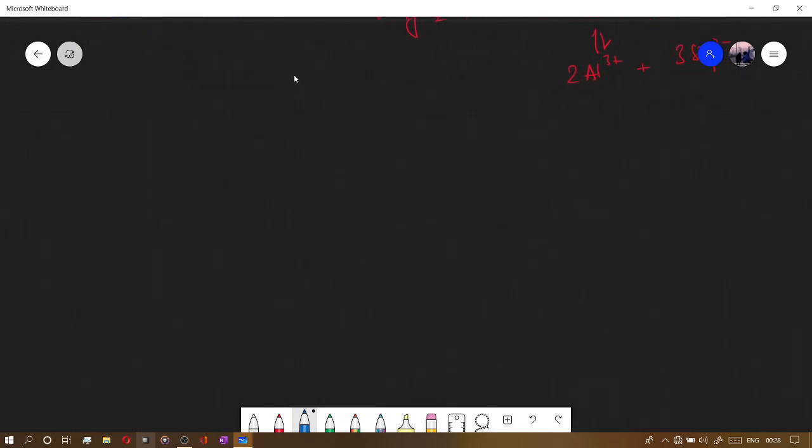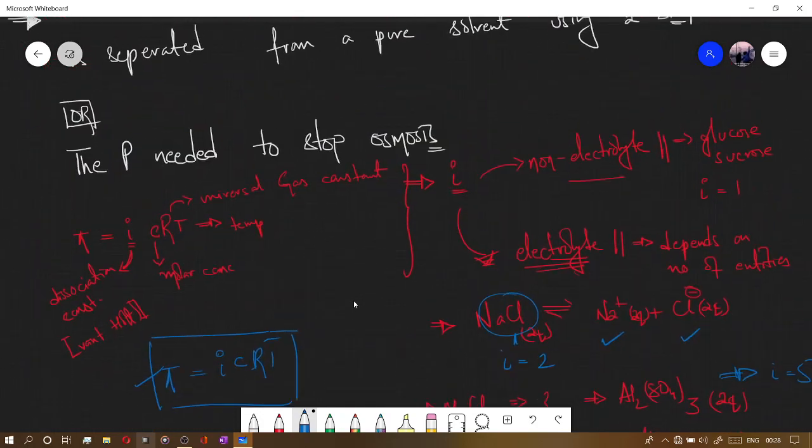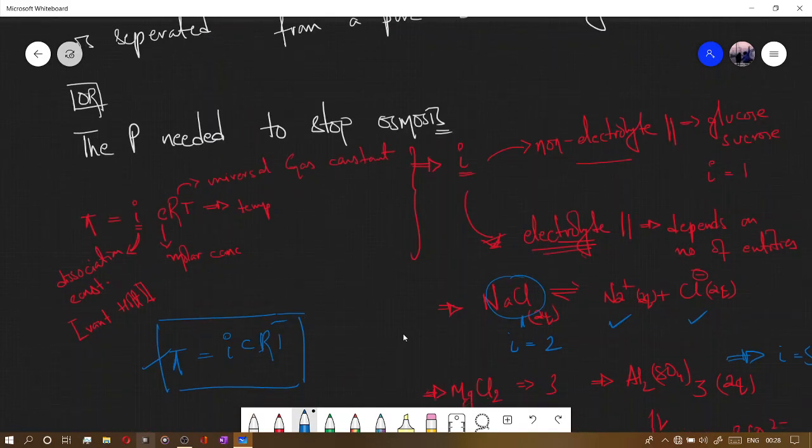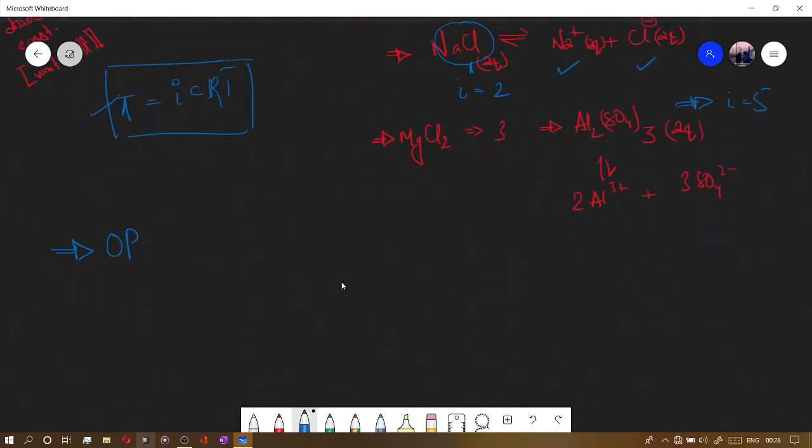But for the chemistry part, you will have to study this in detail in chapter 2, class 12 Solutions. No need to fear. Now, let's go to some more details. OP is what you see I've written here: osmotic pressure.